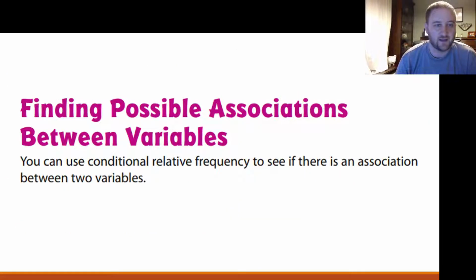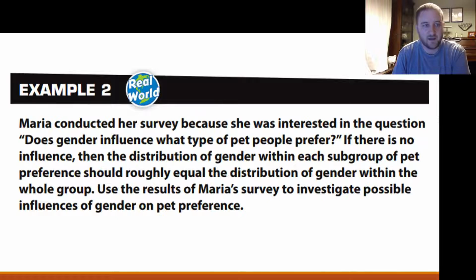Next, finding possible associations between the variables. You can use conditional relative frequency to see if there's association between two variables, so you can see if these are related in some way. So Maria, same person, same data. Maria conducted her survey because she was interested in the question, does gender influence what type of pet people prefer?